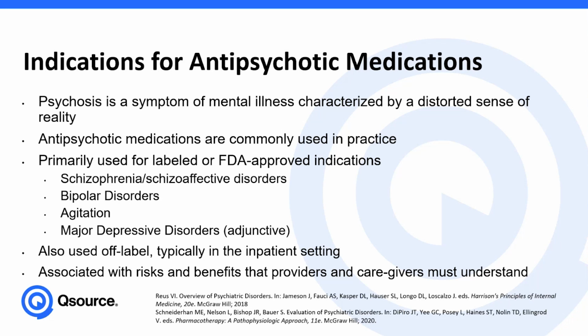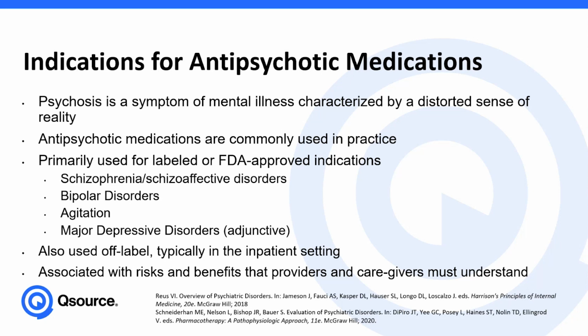They are also used off-label, and typically that happens in the inpatient setting, and that's where it interacts with our long-term care and nursing home facilities: patients get them in the inpatient setting for acute, off-label management, but then they're continued on the MAR and so forth. There are associated risks and benefits to antipsychotics, and providers and caregivers in all settings have to think about them, not just in long-term care, the focus of this presentation.